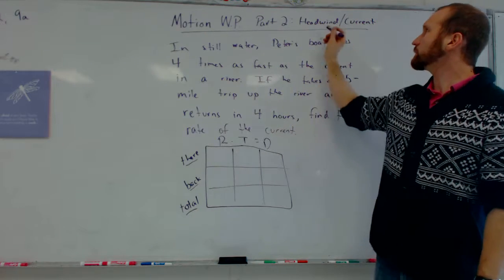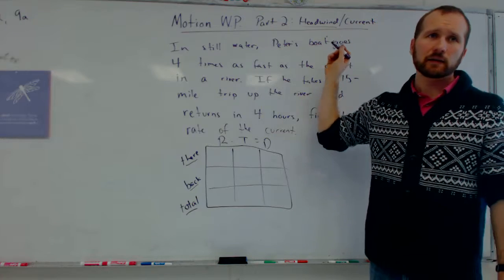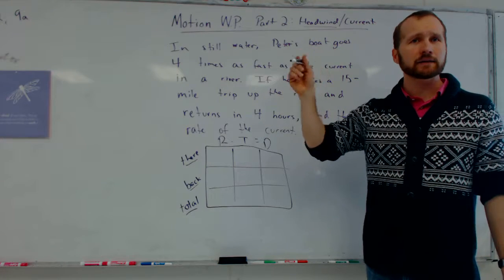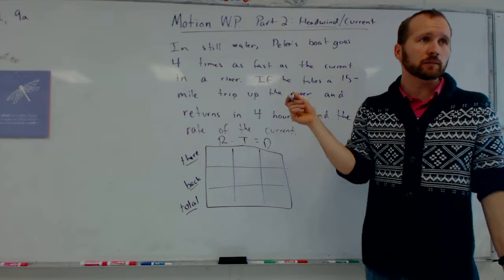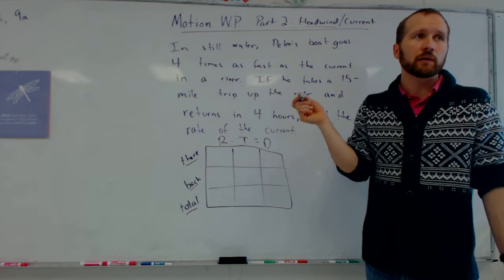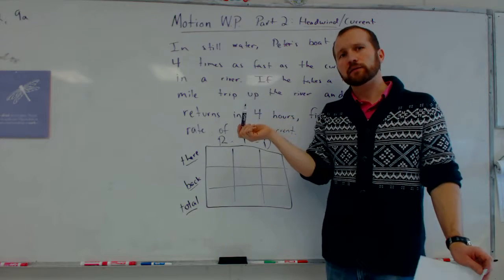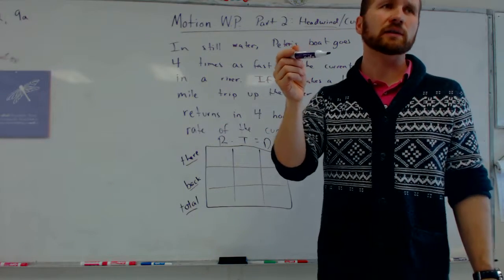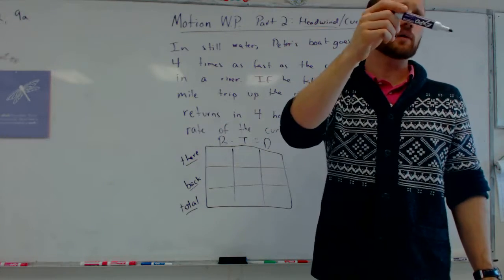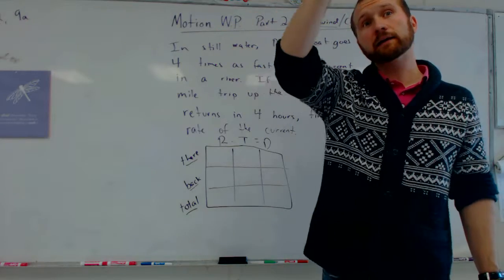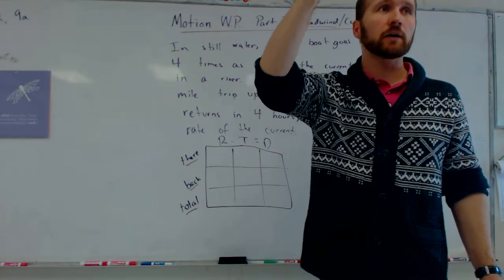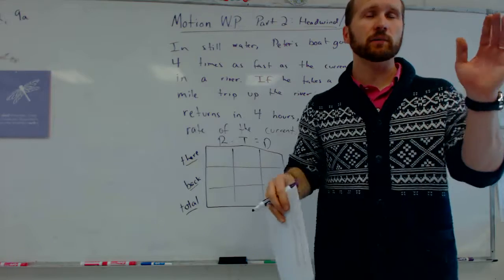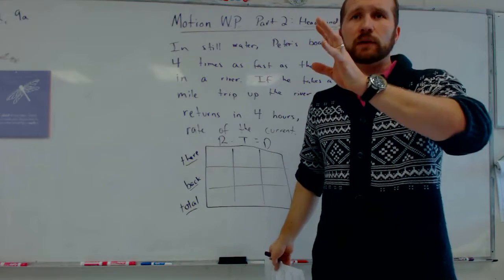And it's the same thing sometimes when you'll see a problem with headwind, like a plane flying, and this is technically how those plane problems all work in real life. When a plane goes from Chicago to New York, I don't actually know which direction is faster, but when it goes from Chicago to New York and then turns around and flies back from New York to Chicago, in one of those directions the plane will be facing a headwind.